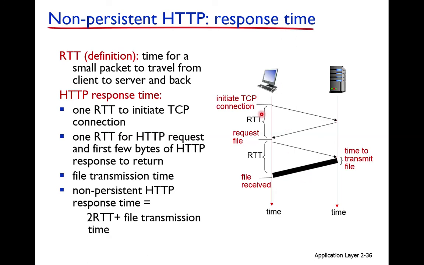So if you want to retrieve one object, you need one RTT for TCP connection establishment, one RTT for HTTP request and response, and then the file transmission time. This is the total time needed for non-persistent HTTP: 2 RTT plus file transmission time for one object. If you want to access 10 objects, it is 10 multiplied by this time.